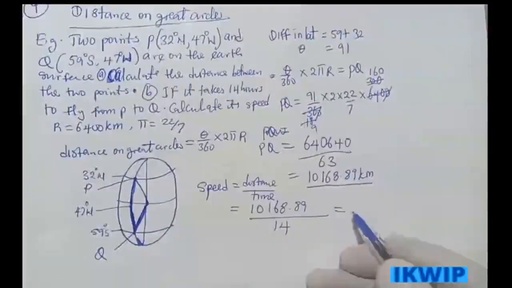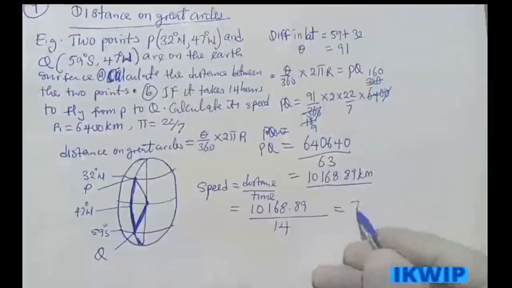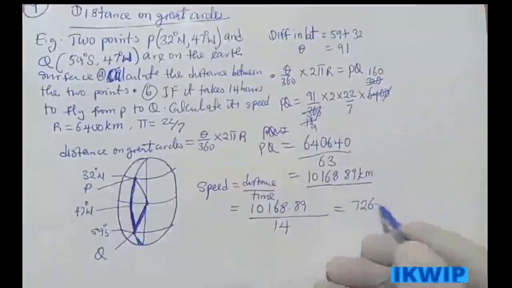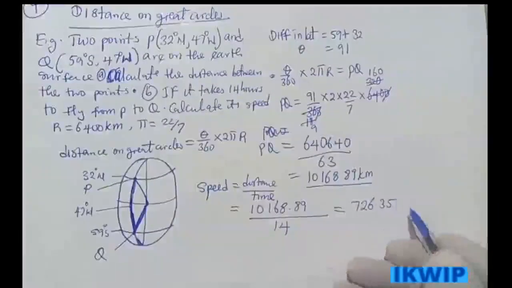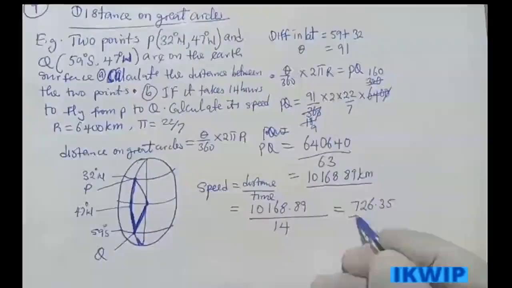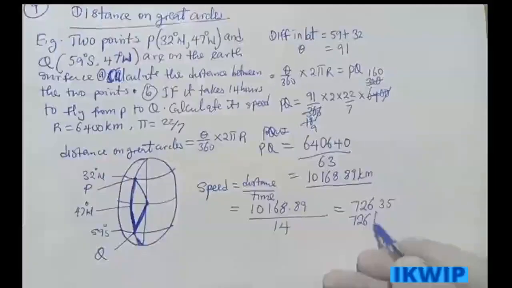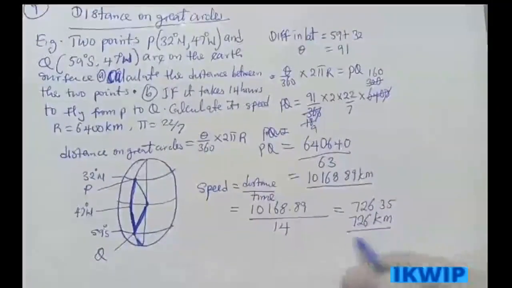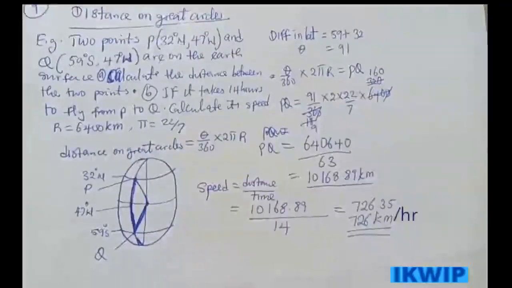So if I divide this, I have 726.35, approximately 726 kilometers per hour. That is it. I hope you understand.